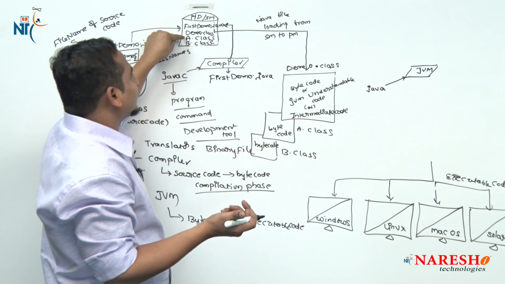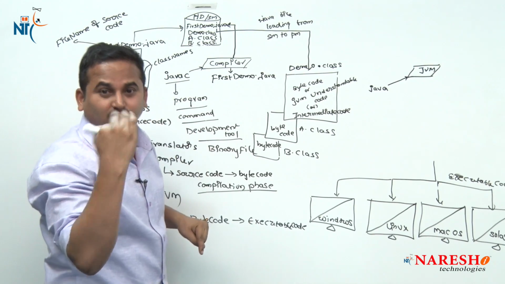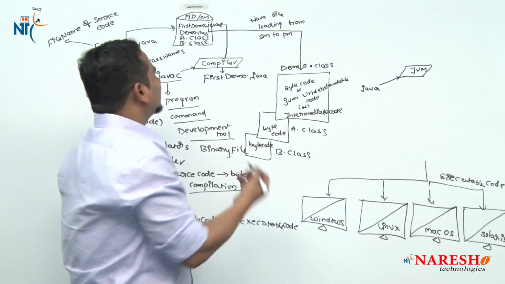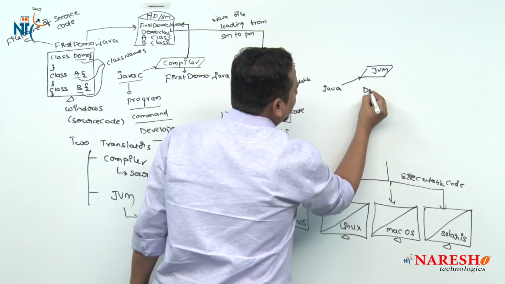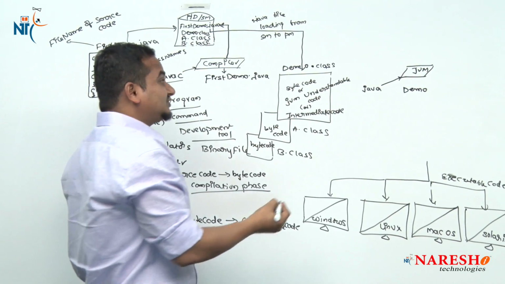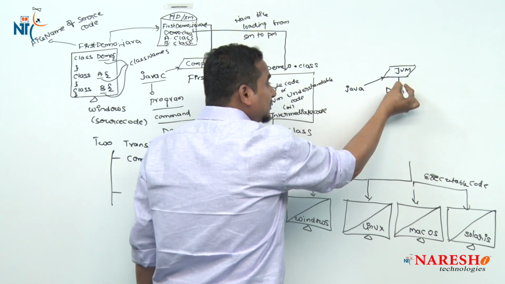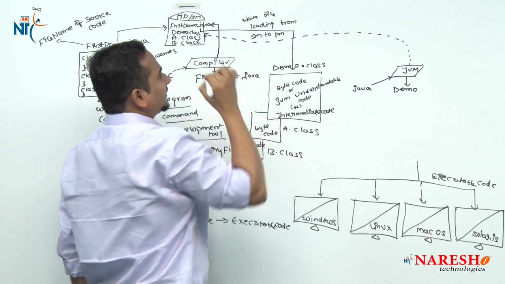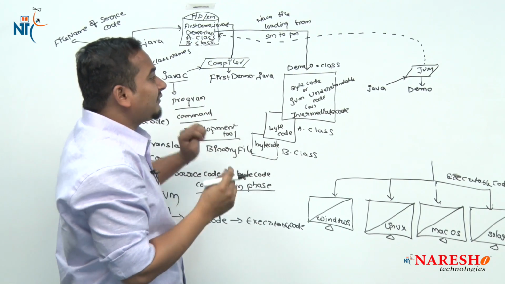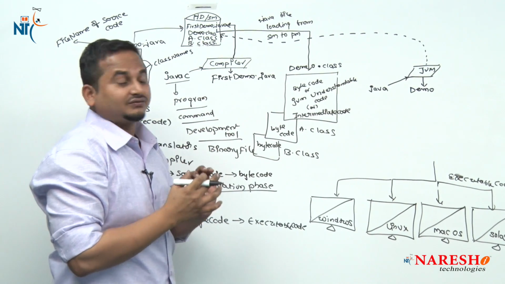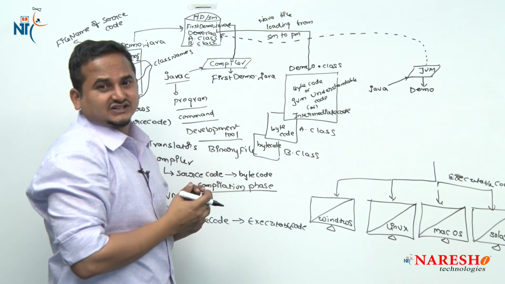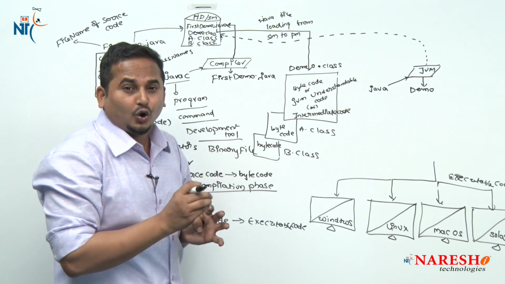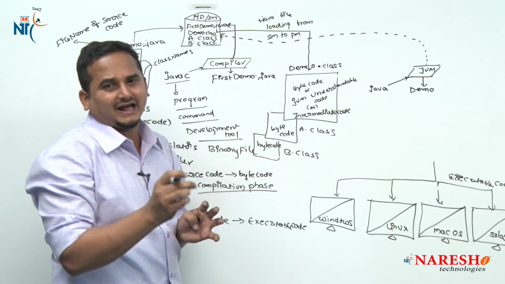Now demo.class, A.class, B.class. Here we have three .class files. We need to write any one .class name here. Let me take one class like demo. Now JVM will communicate with demo.class, and after that it will communicate with the hard disk. If the given file does not exist, then it will give an exception, an error like NoClassDefFoundError.